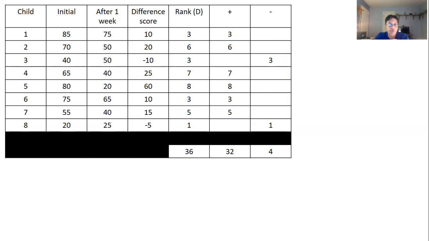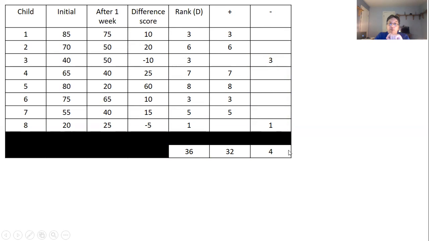Now, if you forgot how we made those decisions, we are going to be moving the values of the ranked column, after they've been ranked, into the columns based on whether there's a positive or negative value in the difference column. So this column determines which of these 2 columns it goes into, but this is the value that we move over.